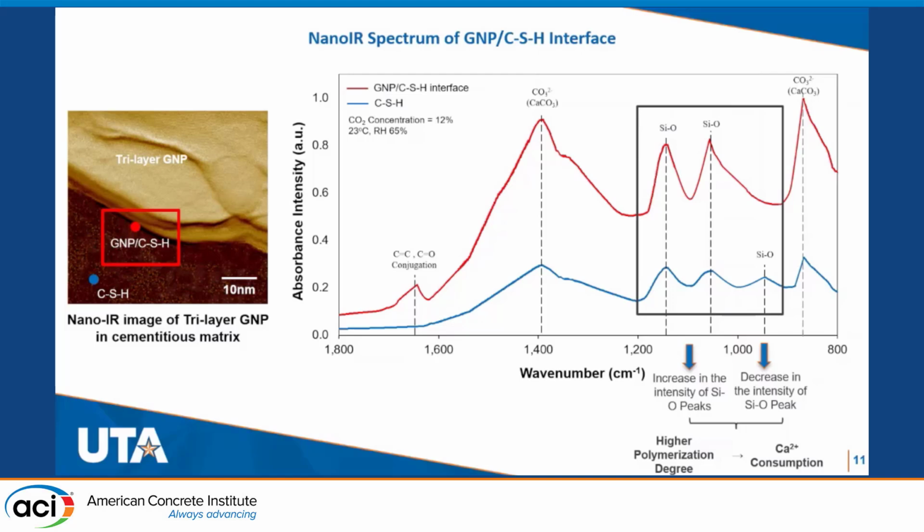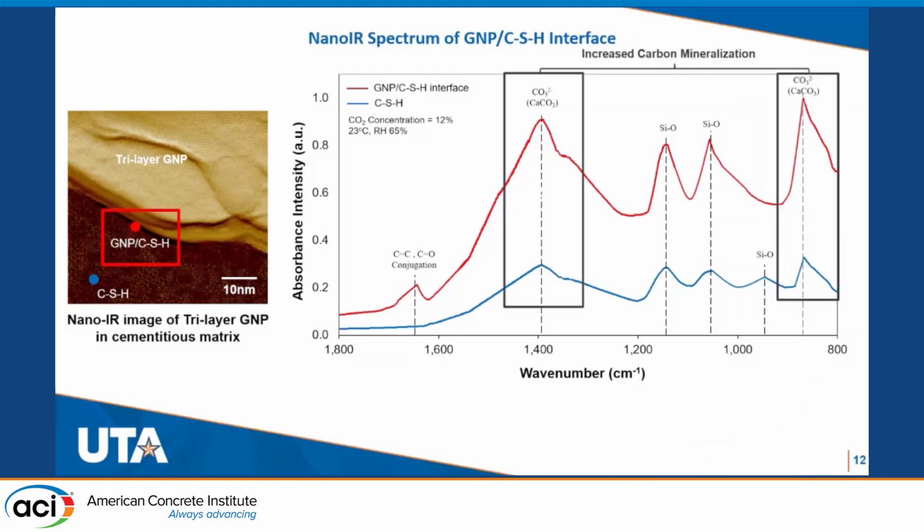Why is the CSH being decalcified? Because apparently the calcium coming from the CSH here reacts with the additional carbon dioxide to form additional carbonates. This is why we see not only these two peaks enhanced, but also the carbonates here.